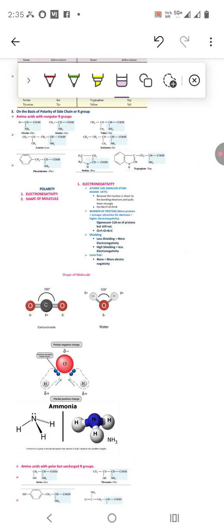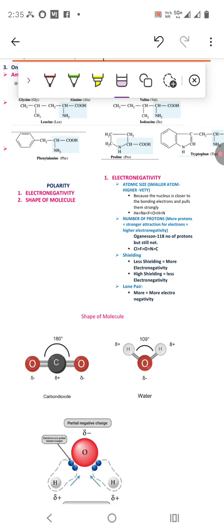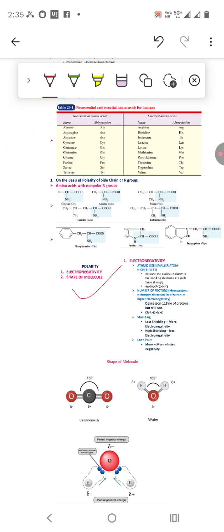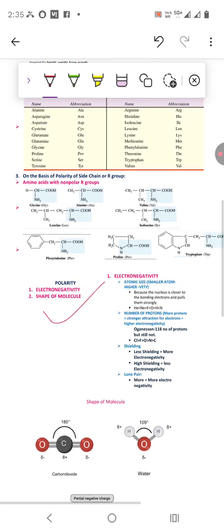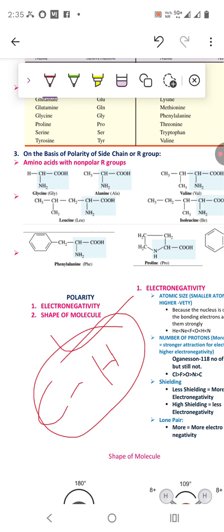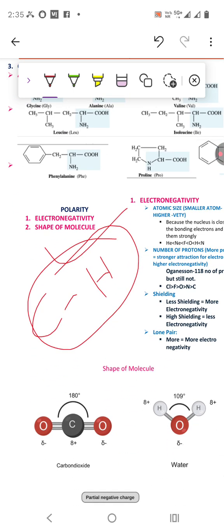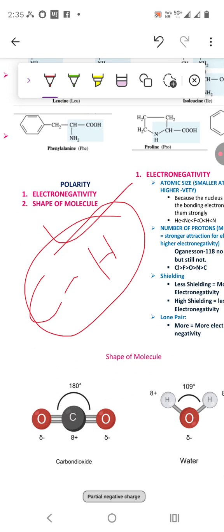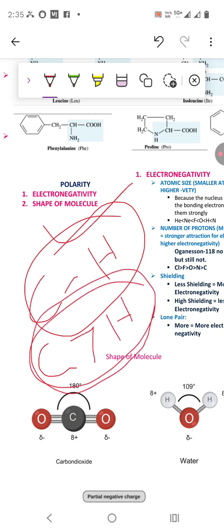So polarity depends on two factors as we discussed now, electronegativity and shape of the molecule. So based on polarity, amino acids with non-polar side chains. Why non-polar? Because carbon and hydrogen are non-polar. Though carbon is more electronegative than hydrogen, their difference is too small. They almost pull equally.